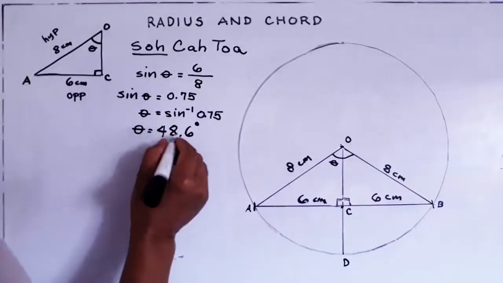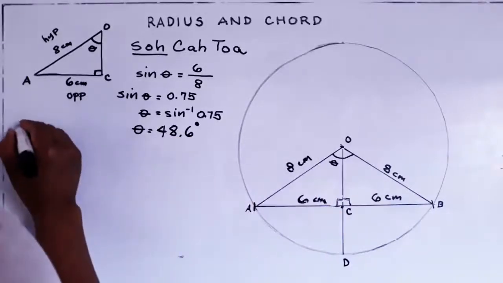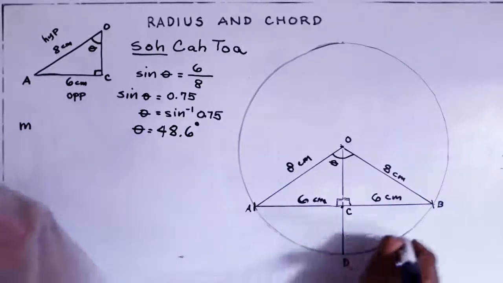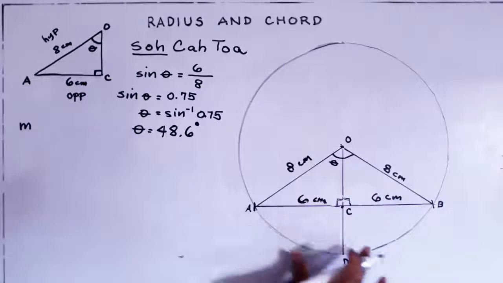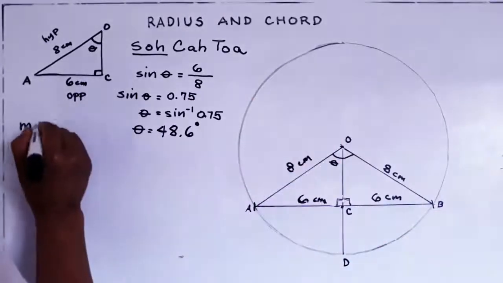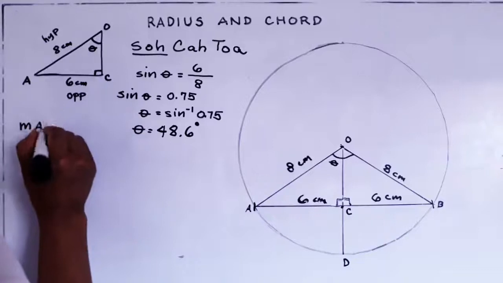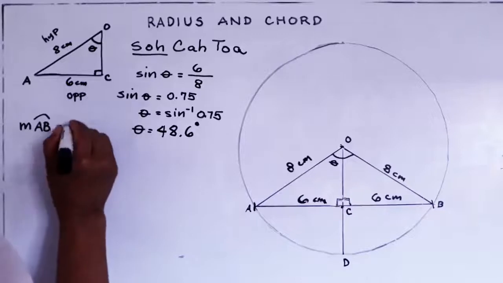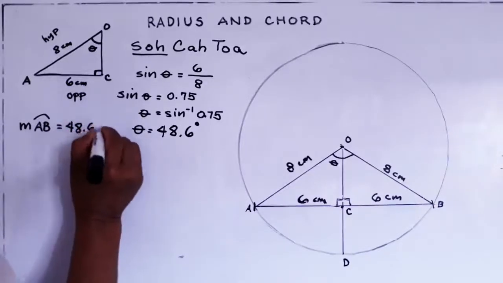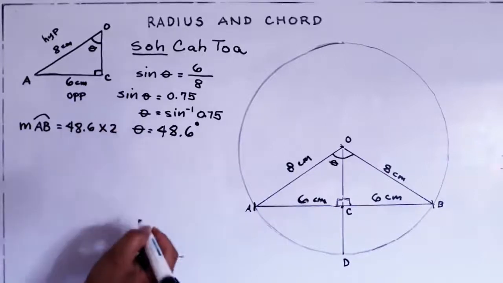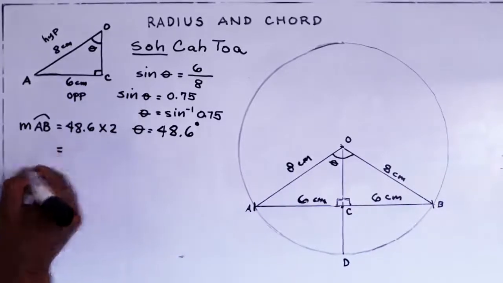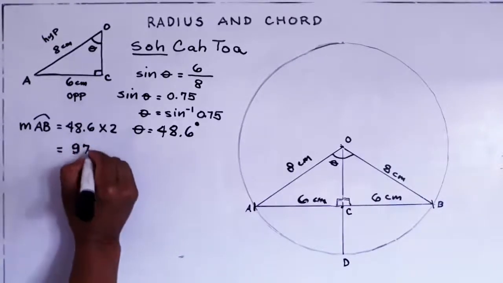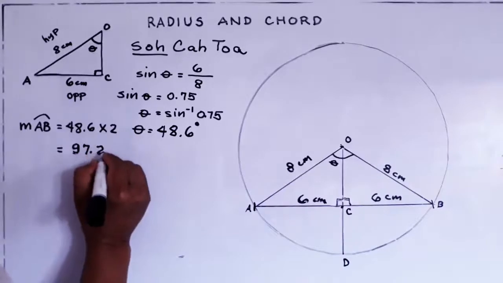So if that one is half, how much is the central angle? The central angle, which is also like this, A to B, that angle is subtended by arc AB. So I'm going to put AB here, like a symbol, with an arc. 48.6 times 2, so the central angle is now equal to 97.2 degrees.